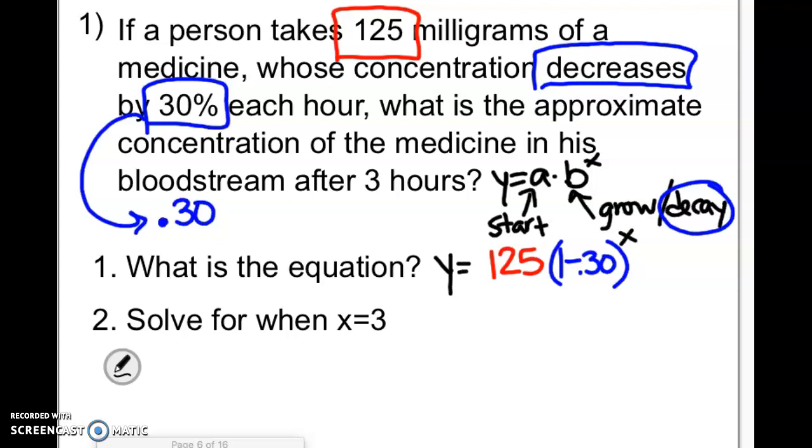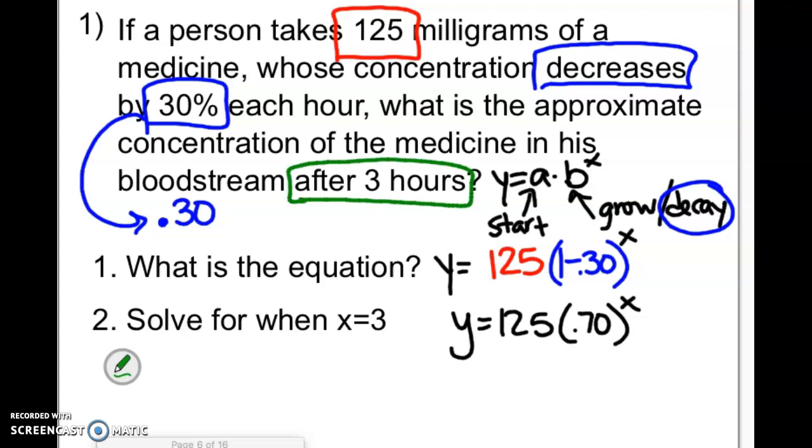You could also write it like y equals 125 times 1 subtract 0.30, which is 0.70, to the power of x. And then the second piece of the problem is asking how much after 3 hours. So that means when x equals 3. You are going to want to plug that in and get an output.